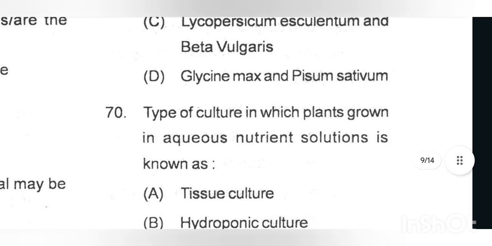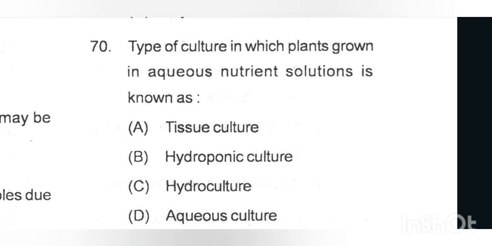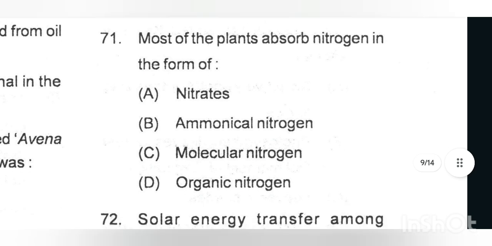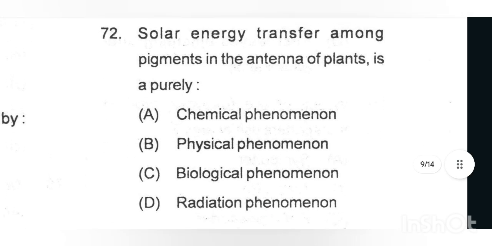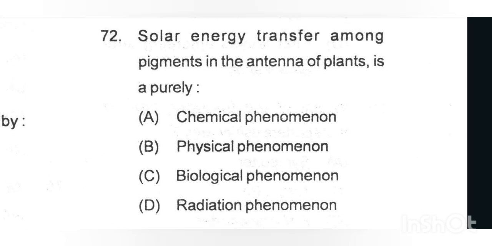Then question number 70, type of culture in which plants grown in aqueous nutrient solution known as hydroponic culture. Then question number 71, most of the plants absorb nitrogen in the form of nitrates and nitrites, NO3 or NO2 or ammonia. Solar energy transfer among pigment in antenna of plant is purely a physical phenomenon.